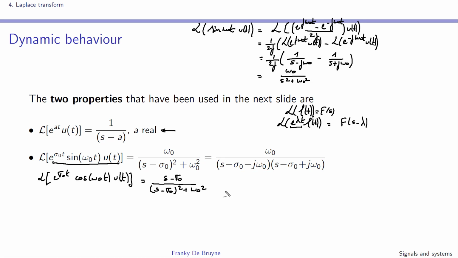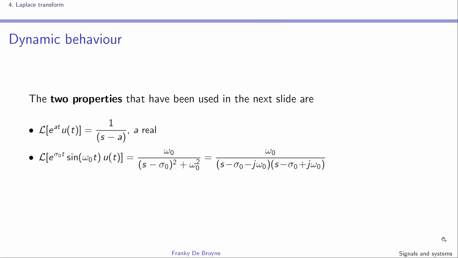So I'll leave this as an exercise, but you can proceed similarly to what we have done over here. Obtain the Laplace transform of cosine omega 0 t u of t, then use the same property to obtain the function of s that you see over here.